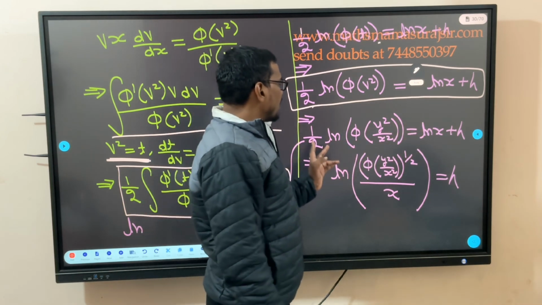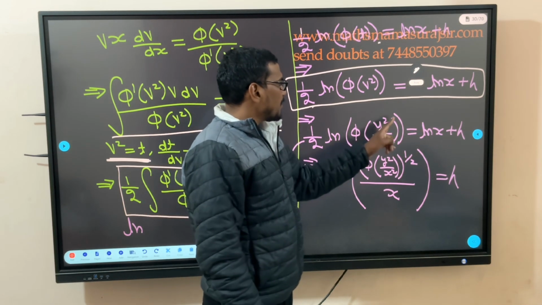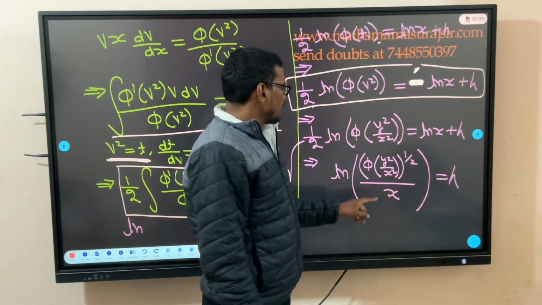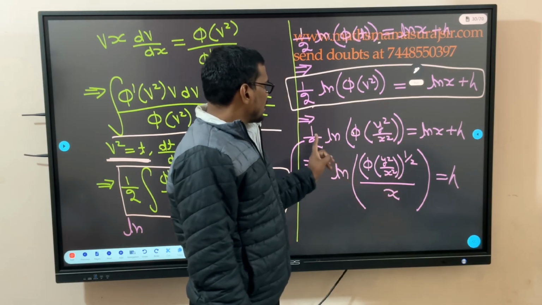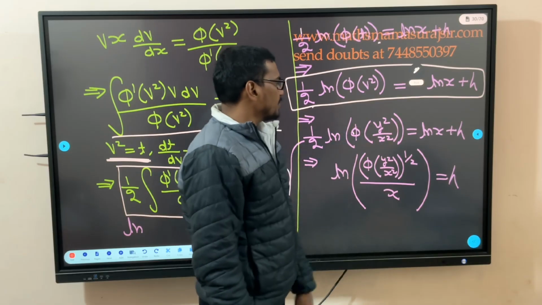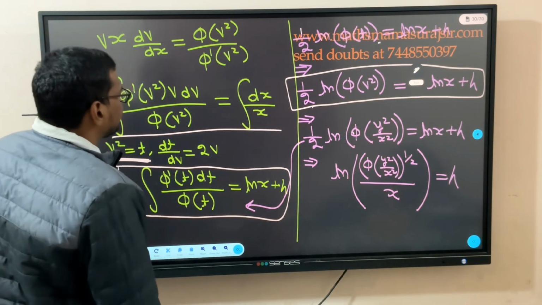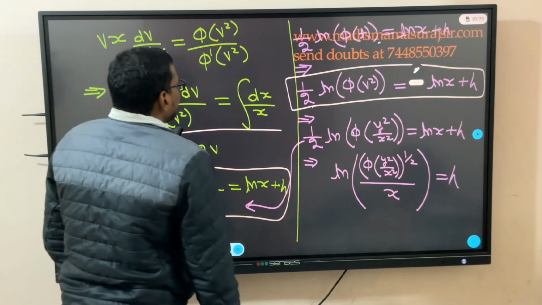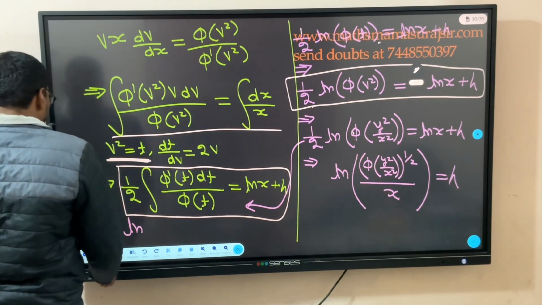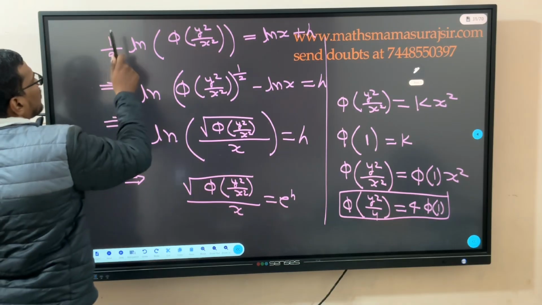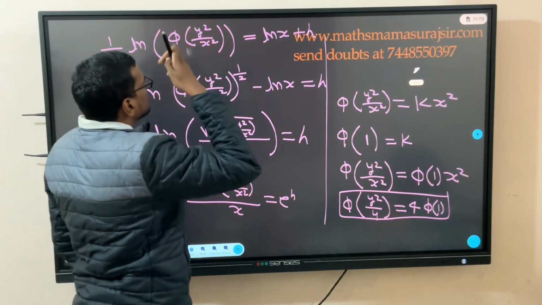So here half will be going in the power. So this half will be on the whole power, right? Half of ln whole this is equal to that.